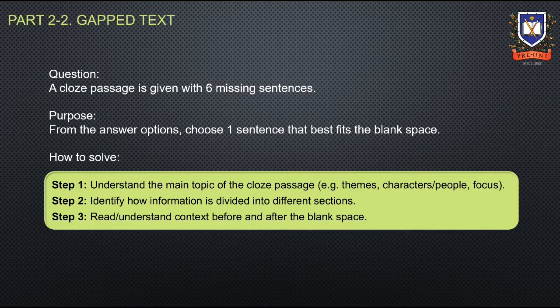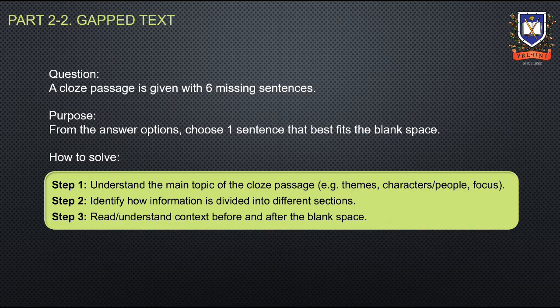And that's going to be the biggest clue as to what the blank space should be talking about. And the third step is, again, very similar to our previous question type, where we look at what is just before and after the blank space to get the important contextual clues and hints as to what that blank space should be talking about.